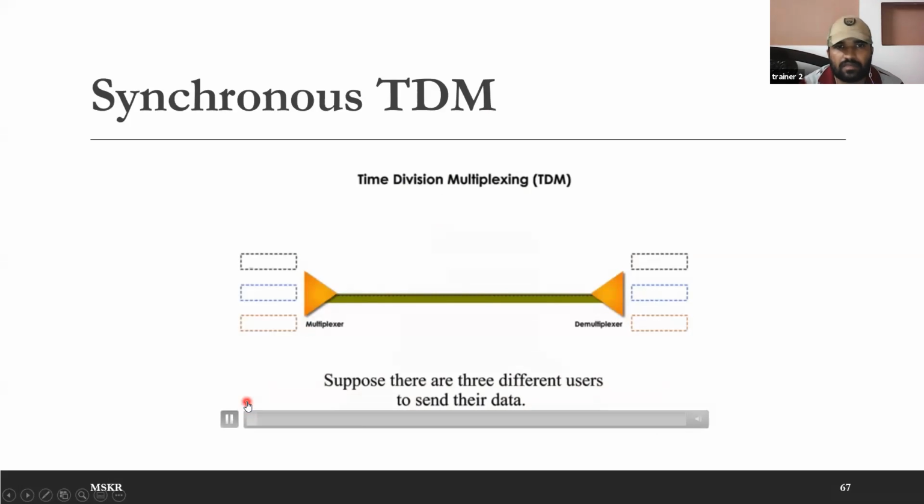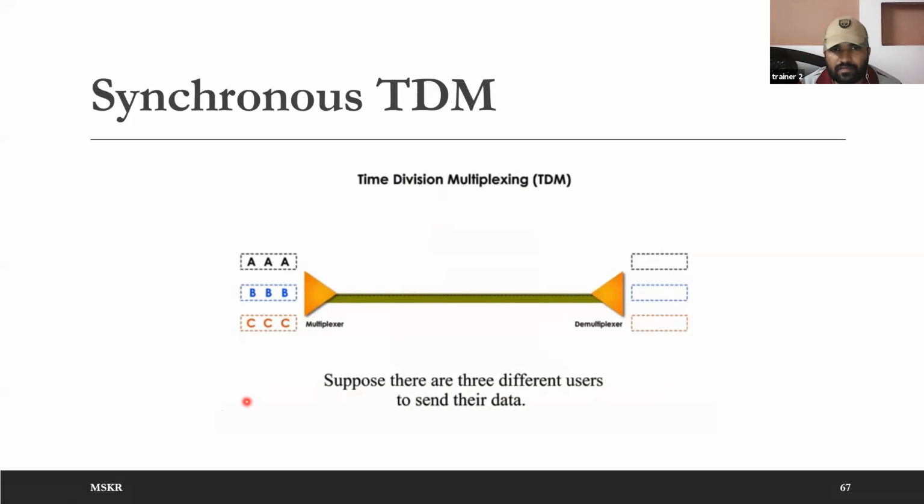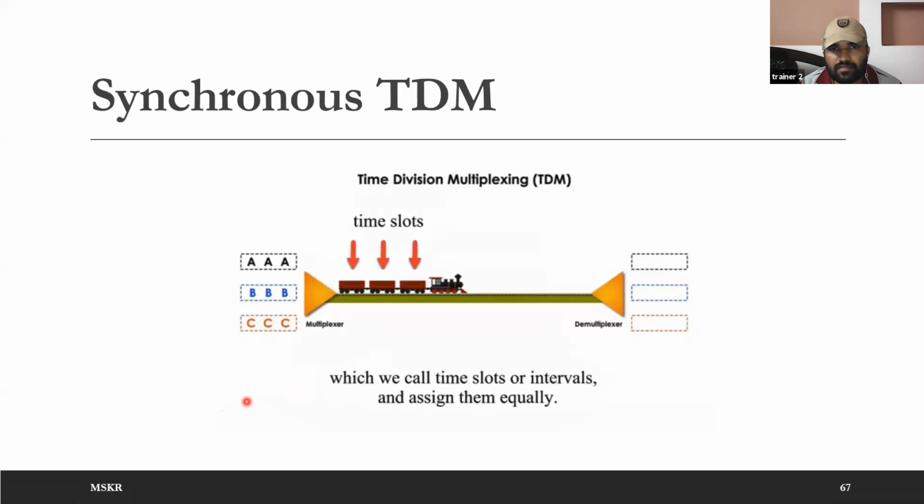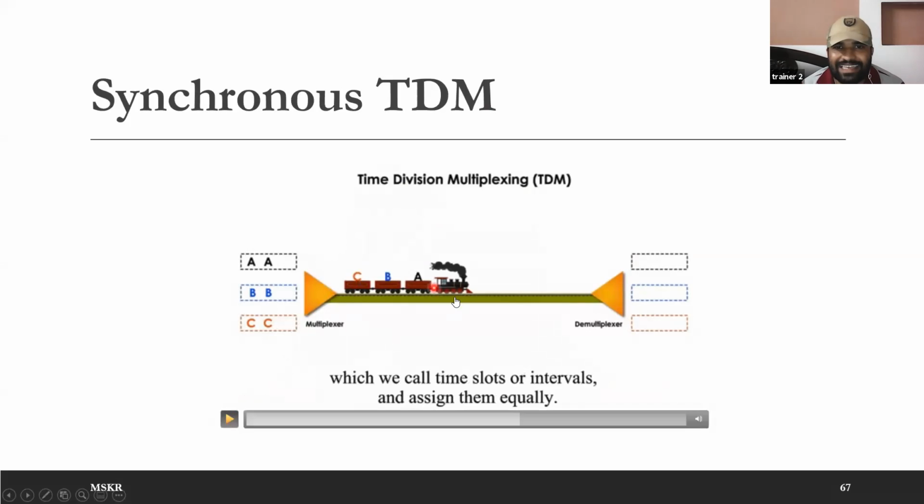One example. Suppose there are three different users to send their data. At the transmission area, the multiplexer divides time into different segments which we call time slots or intervals, and assigns them equally. So here, this train represents a frame actually, and each bogie is one time slot in that frame.